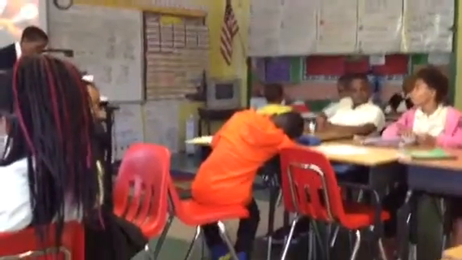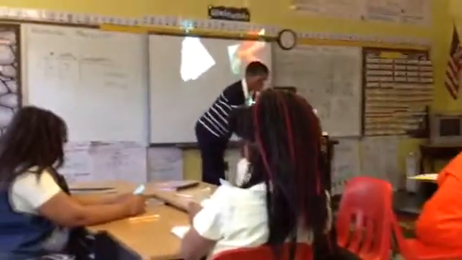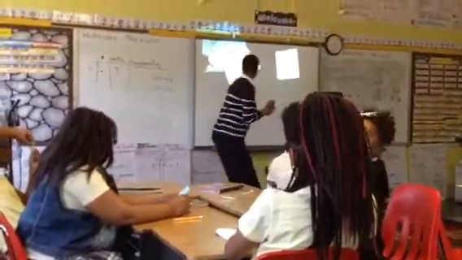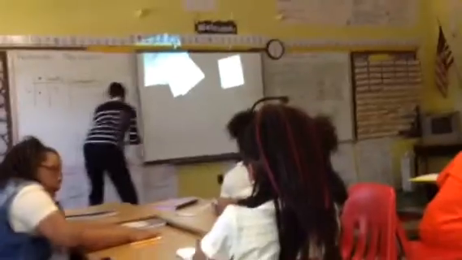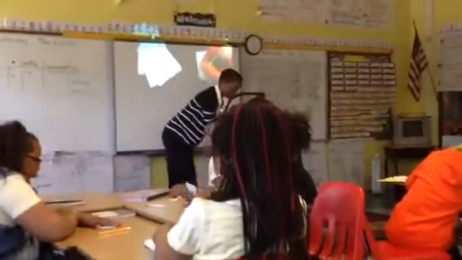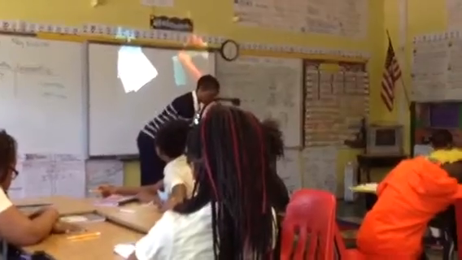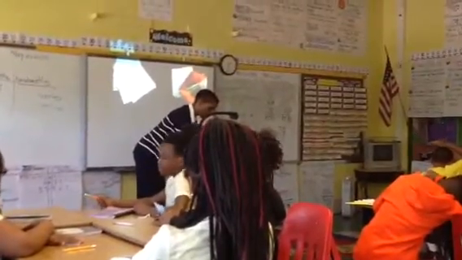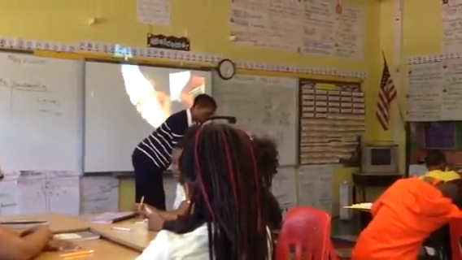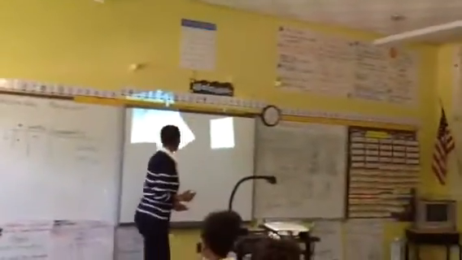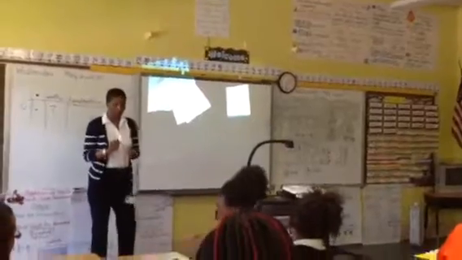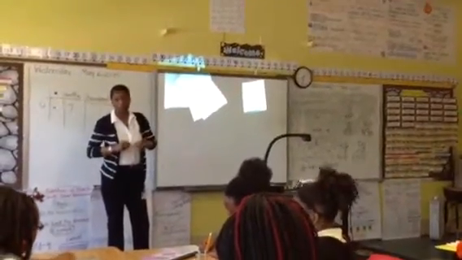Here's my vertex right there in the corner, and I'm going to trace my angle now. There's my angle. You see my angle? You may trace it if that helps you, but I just wanted you to be able to see it up here.